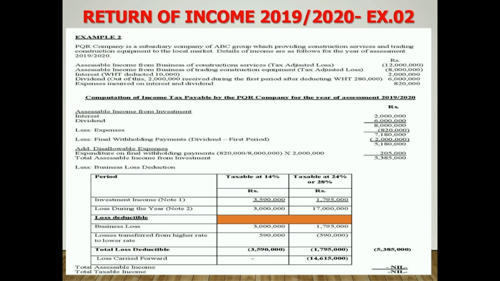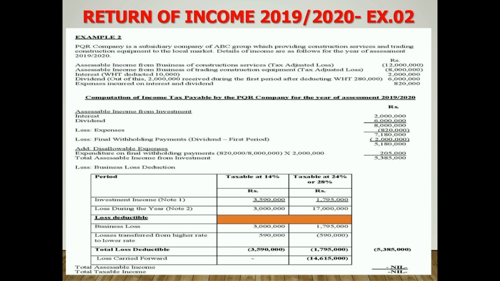From there we have to remove the final withholding payment. During the first period they derived dividend income rupees 2 million, so it has been removed. When removing the final withholding payment, expenses connected to the final withholding payment should also be removed from the tax computation.